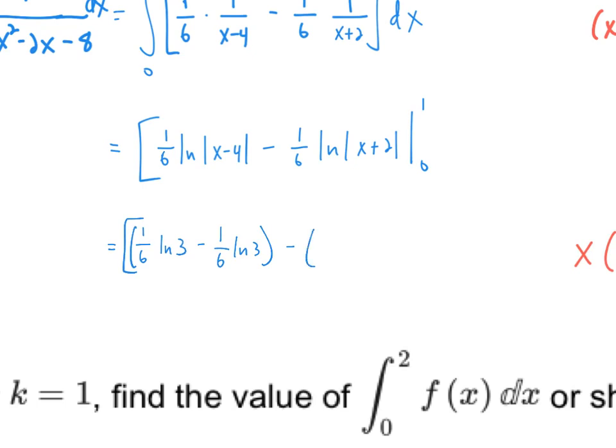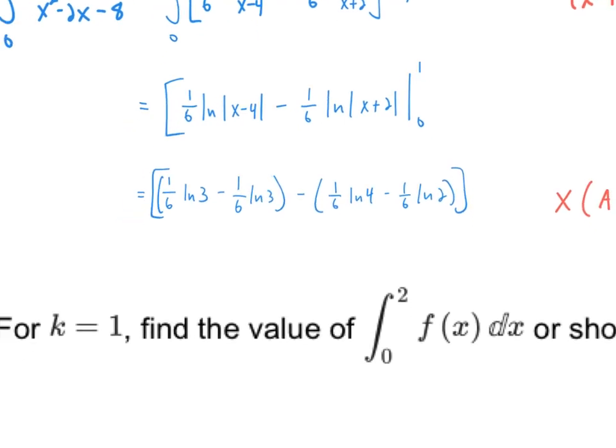Minus, now plug in 0. 1/6 ln 4 minus 1/6 ln 2. The first part is 0, so this will just be negative.